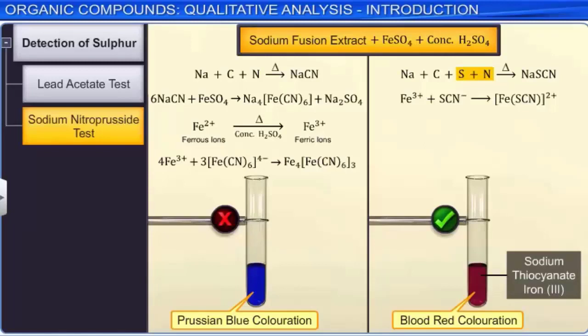To detect the presence of phosphorus, sodium extract is heated with oxidizing agent sodium peroxide, and then treated with ammonium molybdate.